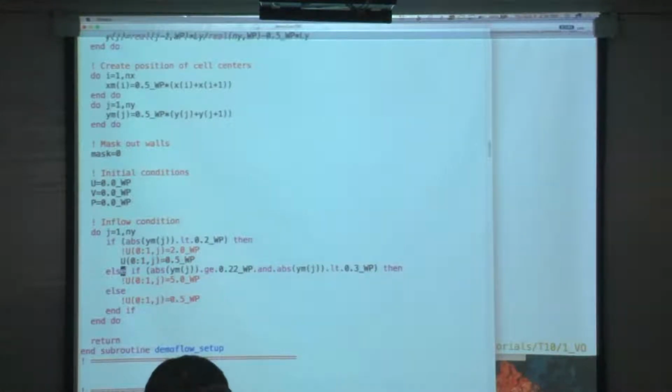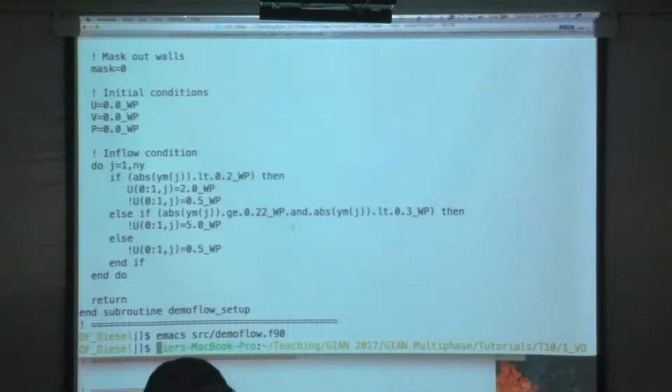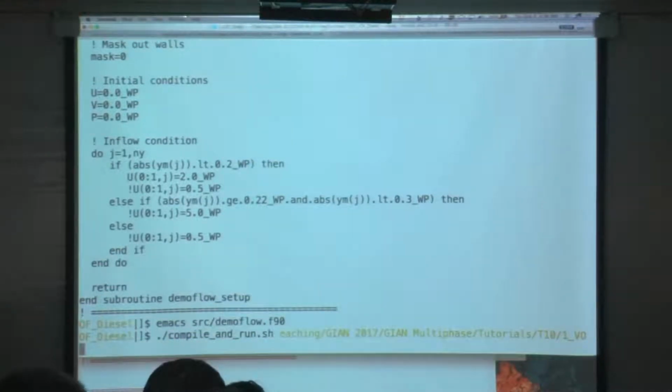That should be quick. Let's do this first. So we'll run a velocity 2 jet and look at how this guy behaves. I don't remember, but let's look. It probably runs and does something of interest.